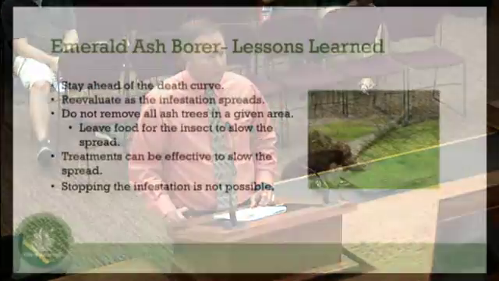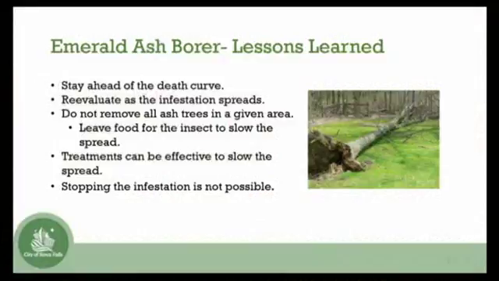We need to stay ahead of the death curve. As mentioned, that was one of the things that we need to make sure that we do and that our response does for us. We have prepared for this arrival, and we will reevaluate as the infestation spreads. We have learned that we do not want to go out and remove all of the ash trees that are around the infestation.